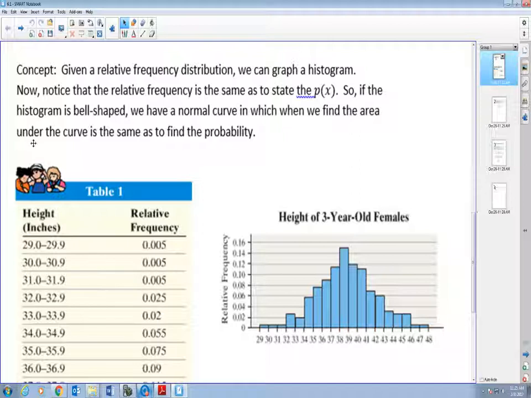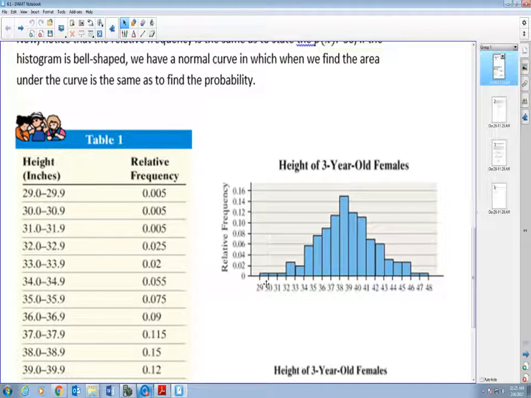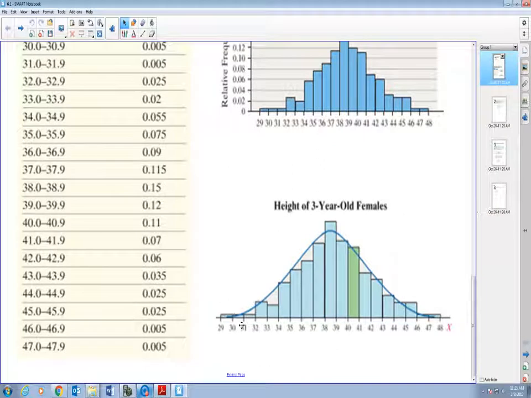The relative frequency here on the y-axis is going to be the same thing as your probability. So the relative frequencies actually become probabilities from now on. So if the histogram looks like a bell curve shape, we have what we so-called normal curve, which we can actually find the areas under the curve.